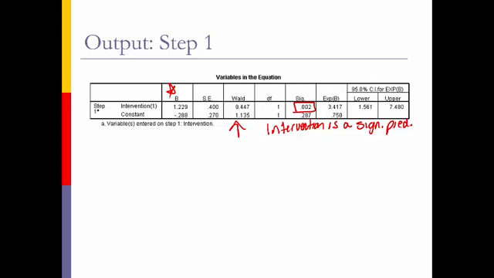We also want to make sure that it does not cross 1. So with regular regression, we don't want it to cross 0. Here, we don't want it to cross 1. If it does, that means as the predictor increases, the outcome decreases, which is really not what we want to have happen.